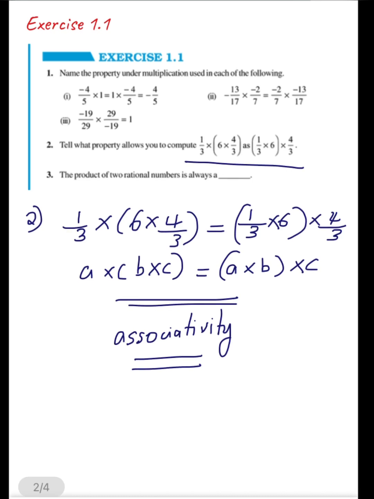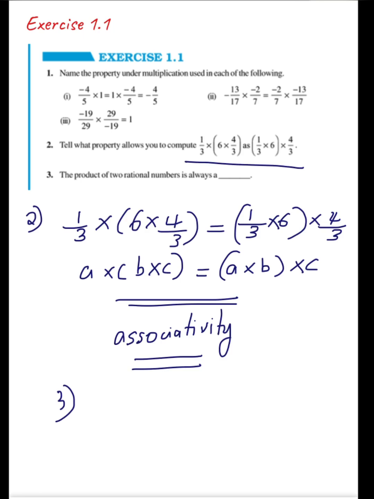Now let's see the third question. The product of two rational numbers is always a what? You have already studied the closure property for rational numbers. If you multiply two rational numbers, what will be the answer?